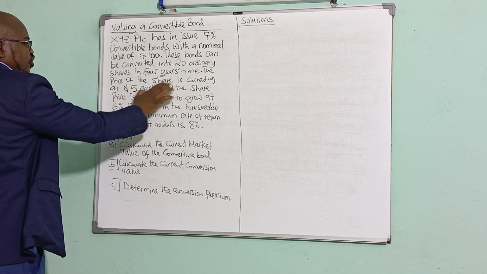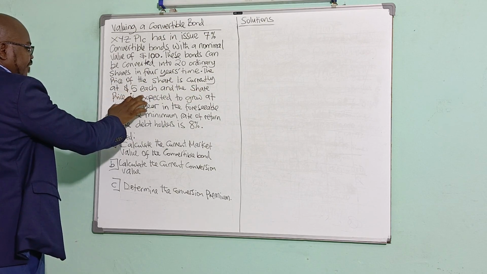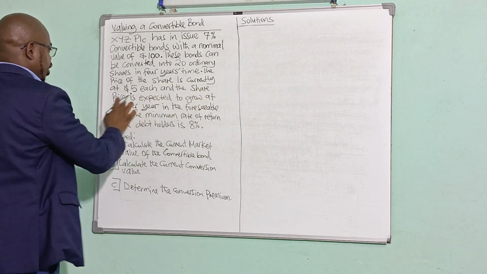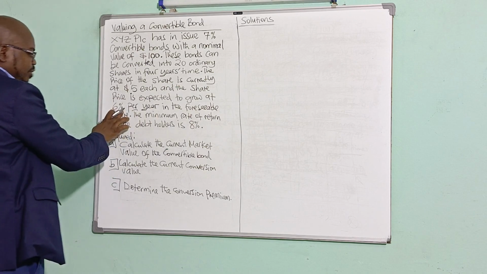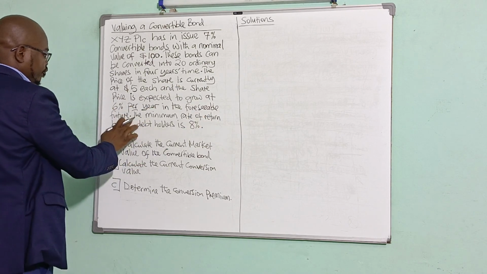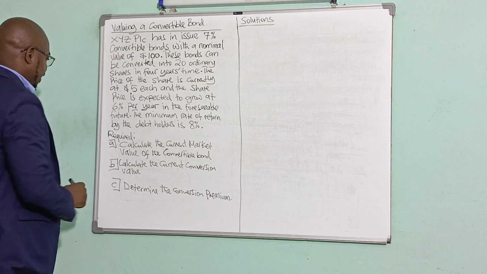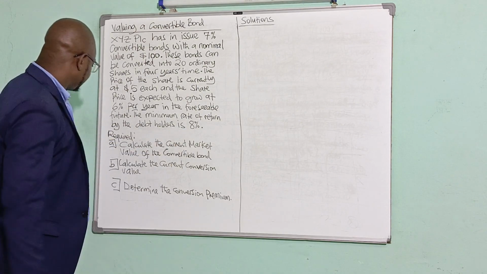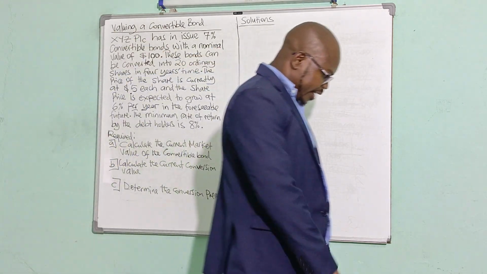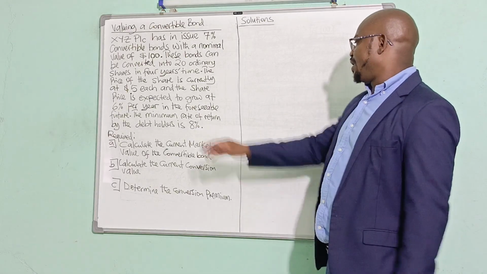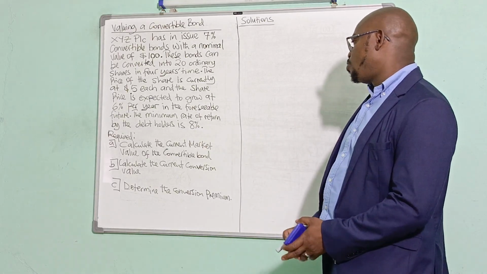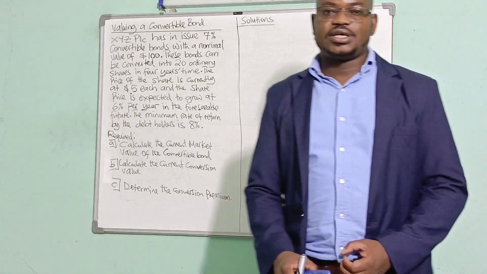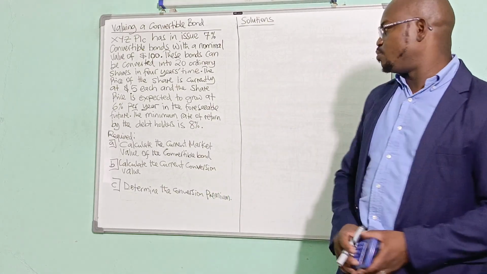The price of the share is currently at $5 each, and the share price is expected to grow at 6% per year in the foreseeable future. The minimum rate of return by the debt holder is 8%. Required: calculate the current market value of the convertible bond.